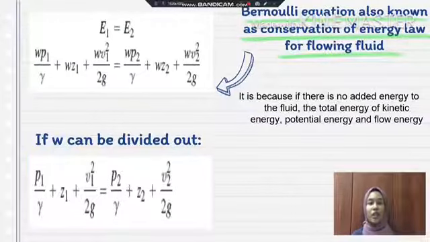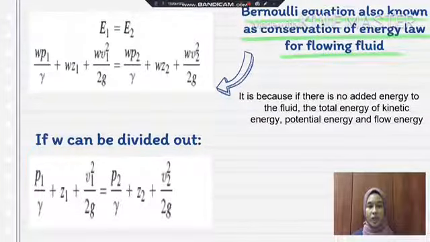Next, Bernoulli equation is also known as the conservation of energy law for flowing fluids. It is because if there is no added energy to the fluid, the total energy of kinetic energy, potential energy, and flow energy stays the same. This equation is only for incompressible fluids because the specific weight is assumed to be the same.